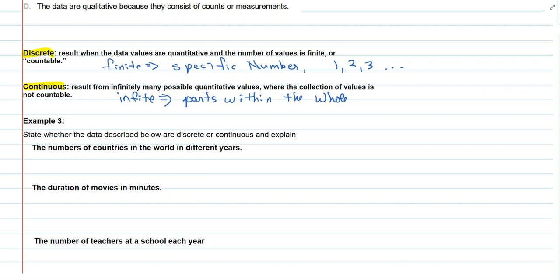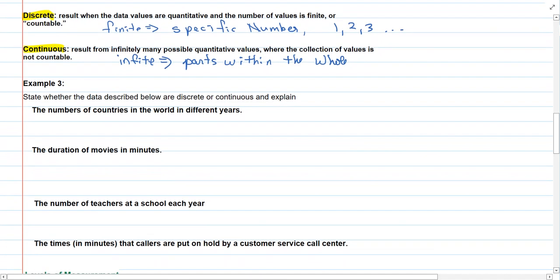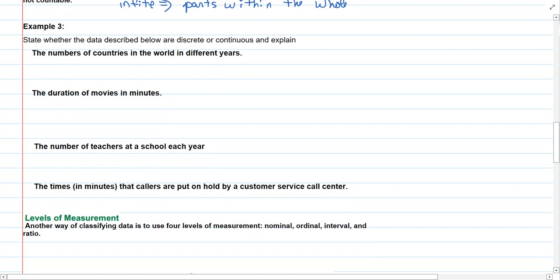So let's look at the distinctions with examples to make sure we understand. Tell whether it is discrete or continuous. Number of countries in the world in different years. This is countable. Therefore, it is a definite answer, discrete.